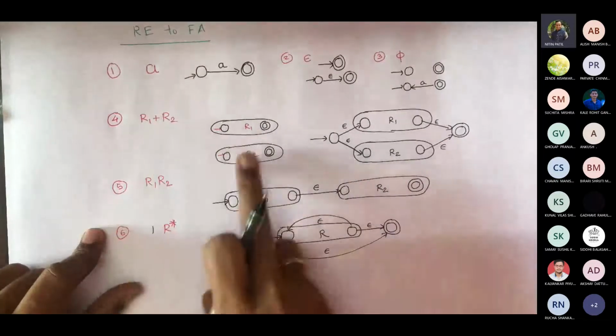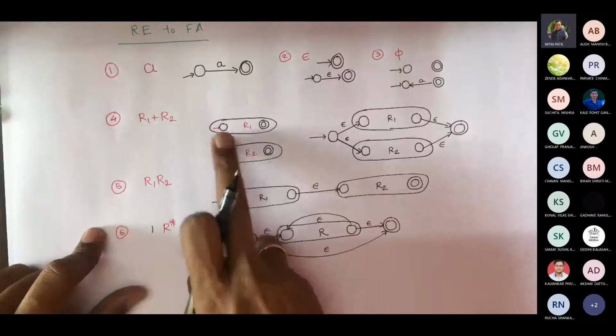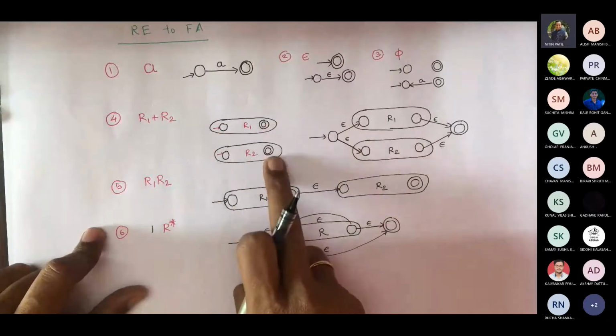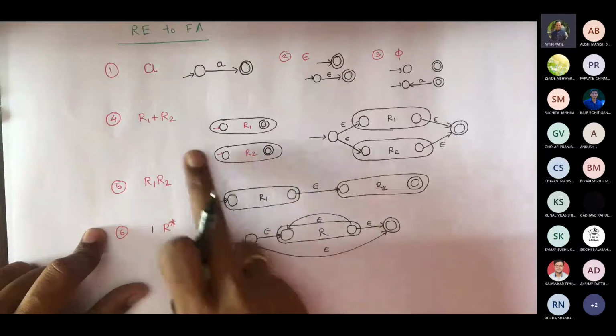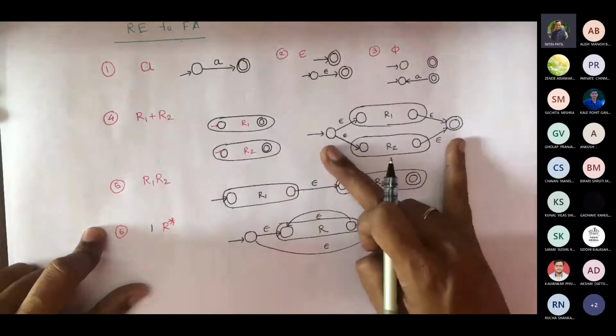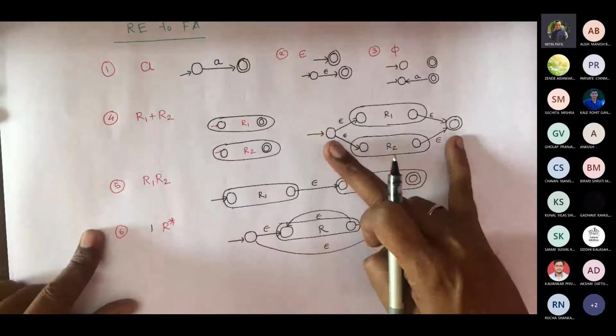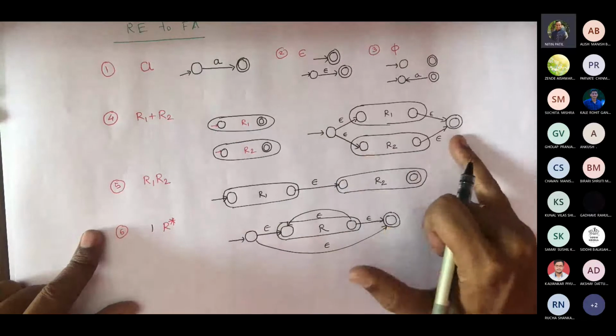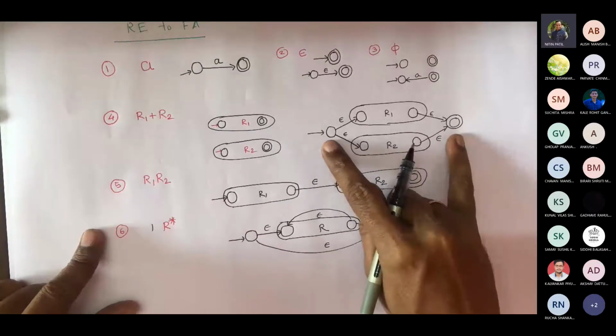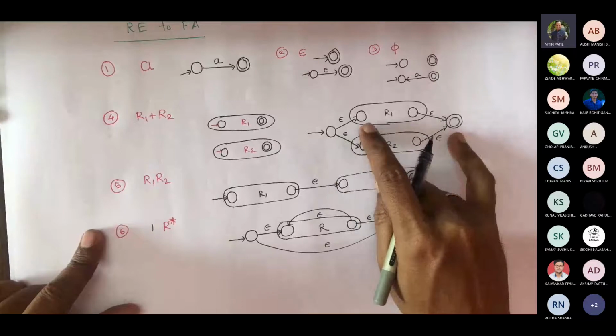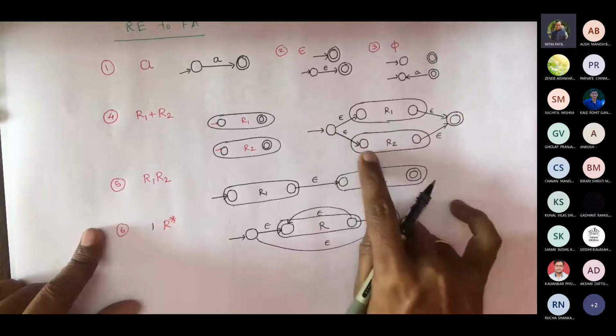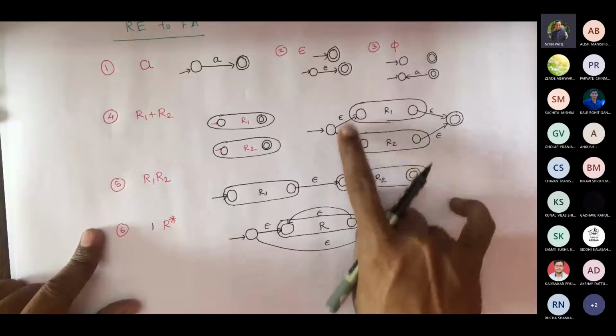For R1 plus R2, suppose R1 is this, R2 is this, with initial and final of R1, R2 respectively. So we are going to add 2 states. One would be initial, other would be final. So you are going to add 4 transitions from new initial to initial of R1, new initial to initial of R2, with epsilon.